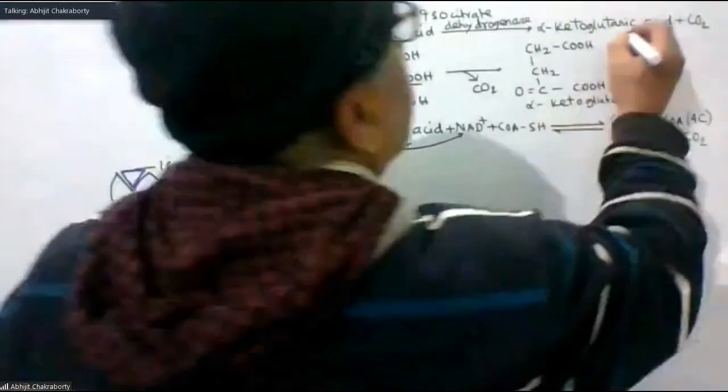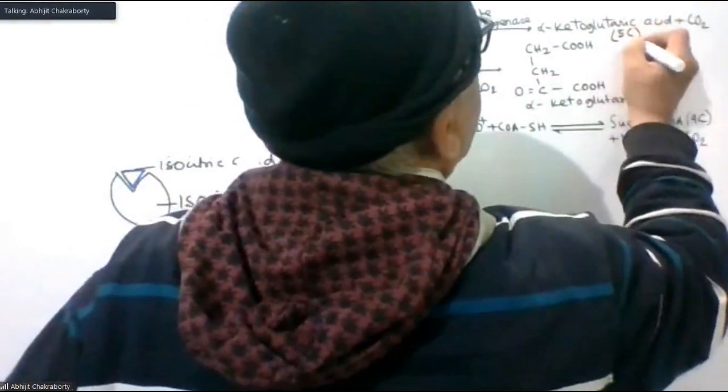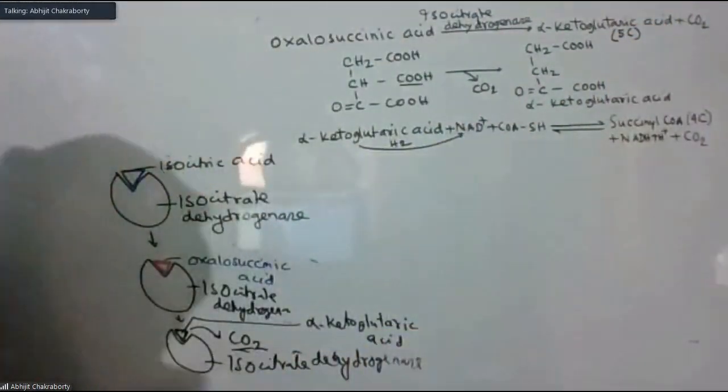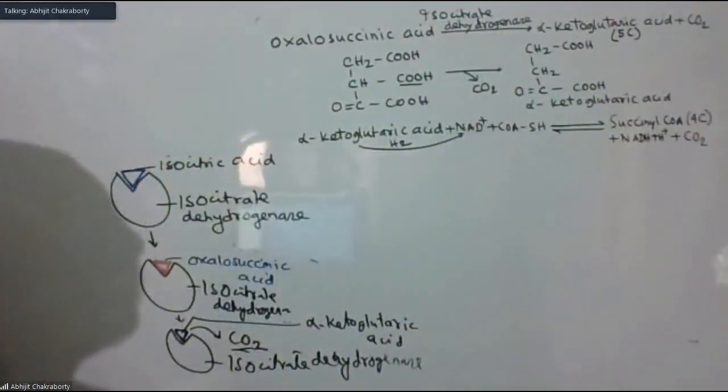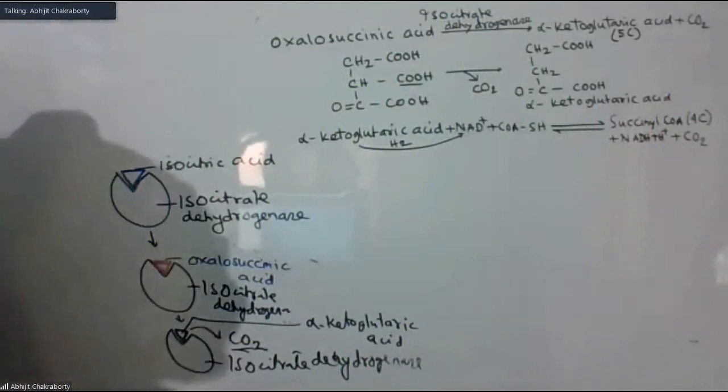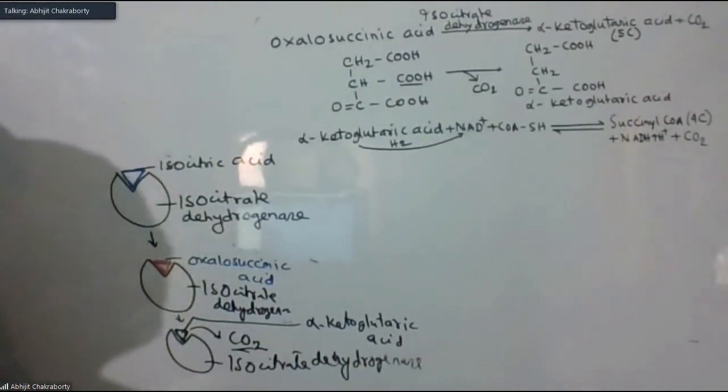So it is the only 5-carbon compound formed in Krebs cycle. Remember this thing. Alpha-ketoglutarate is the only 5-carbon compound formed in Krebs cycle, and the first 4-carbon compound found is succinyl coenzyme.